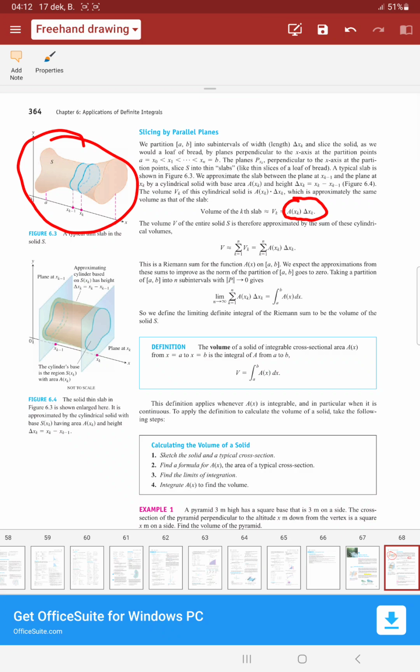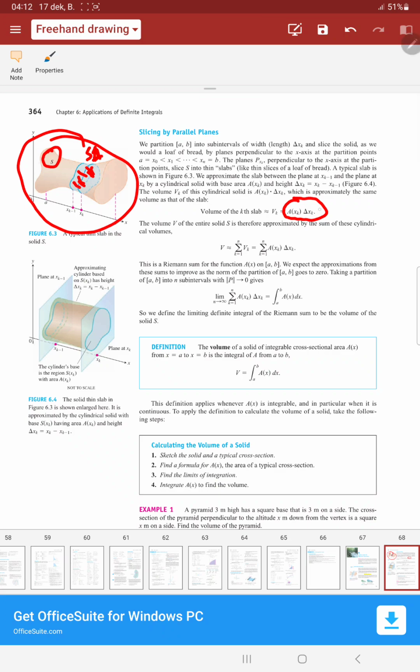For example, you see we have also a solid in here, and we call it, for example, S1, and we'll have S2, S3, S4, S5, and Sn, and the volume of this solid will equal the sum of those volumes. And we know that volume is equal to A times delta x k.